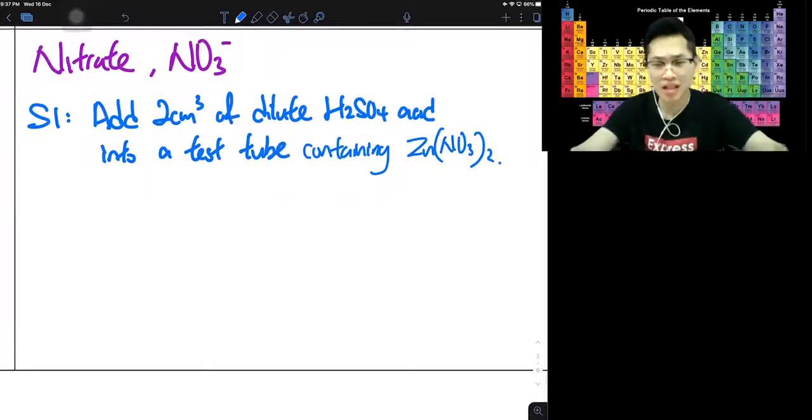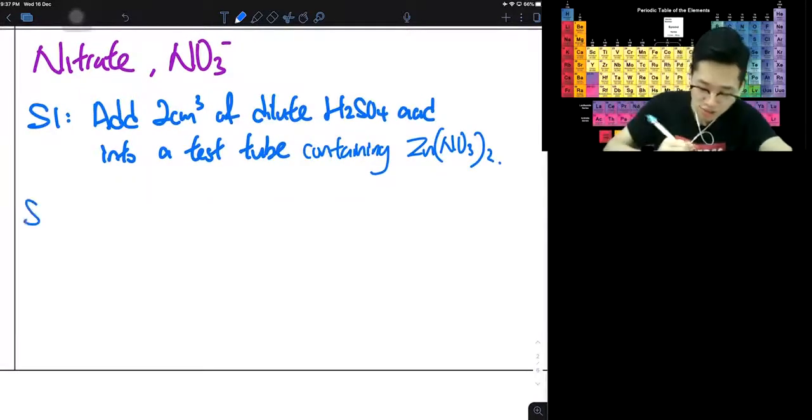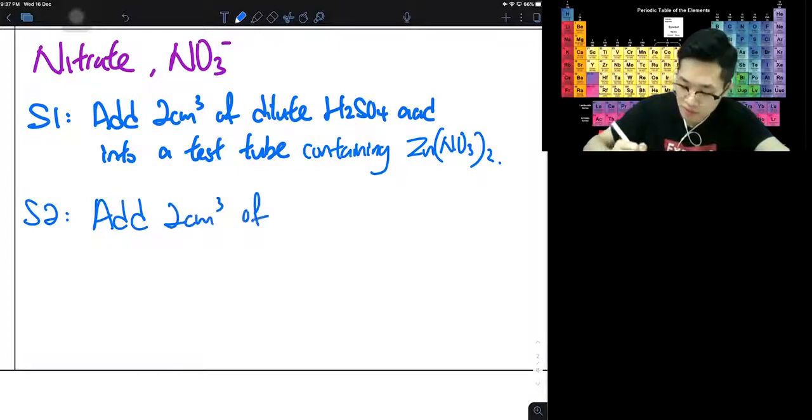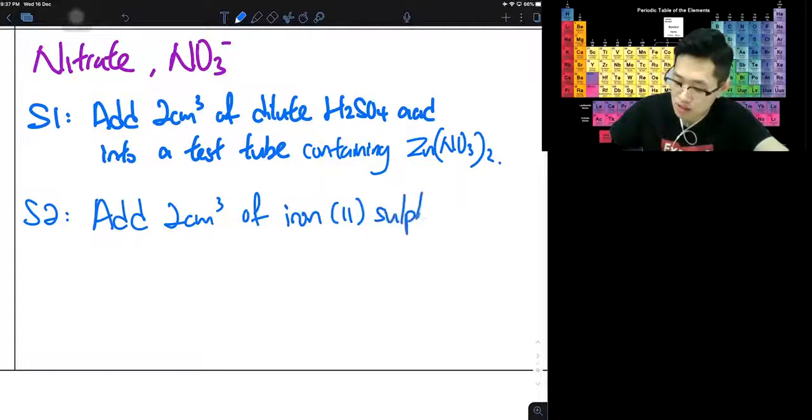What do we do next? We add a salt solution. And this is add 2 cm cube of iron(II) sulfate solution.